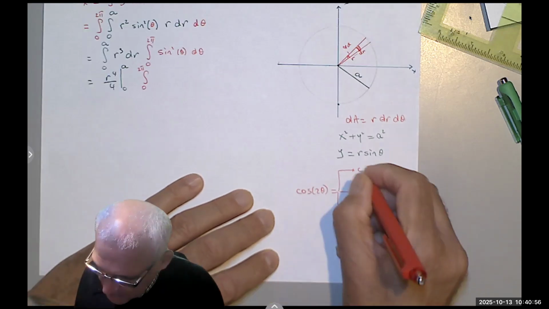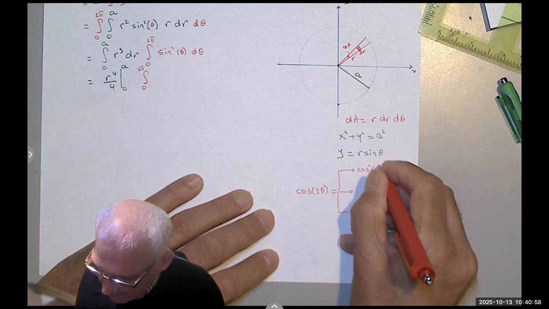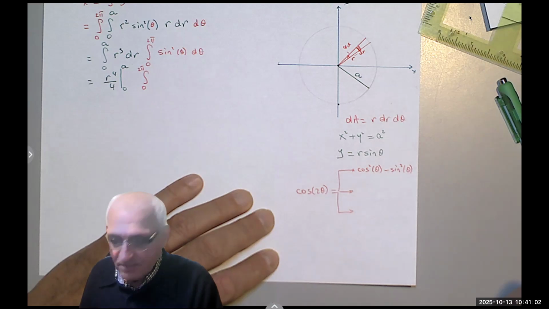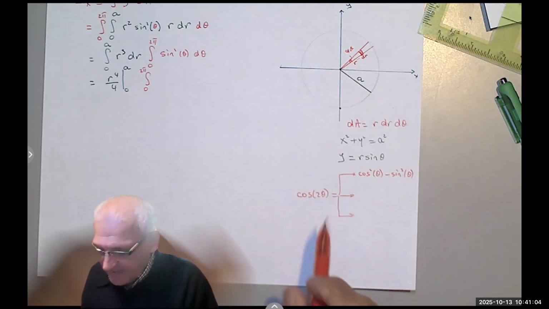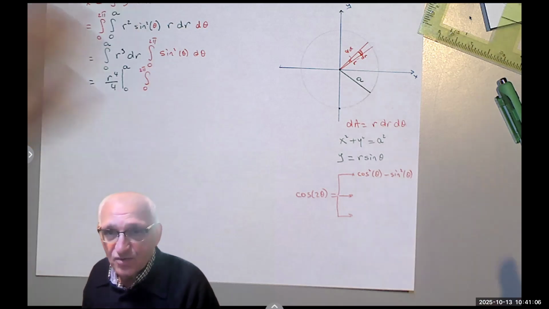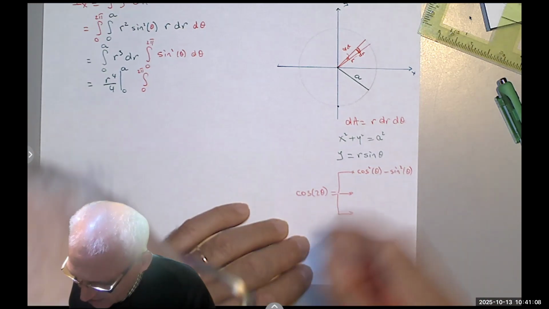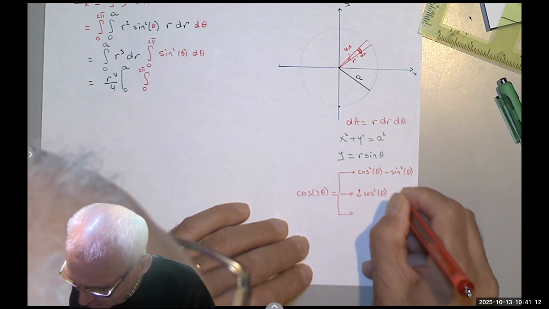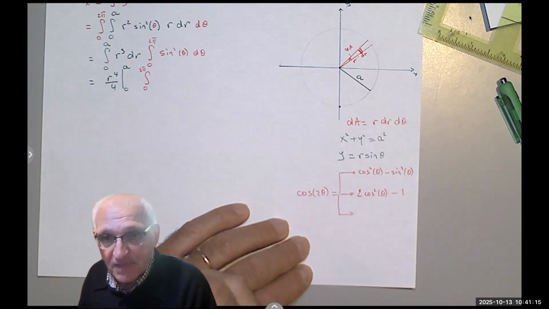Either cosine square theta minus sine square theta, that won't help me here at all because instead of having sine square, I will get cosine square. Or twice cosine square theta minus 1, right?